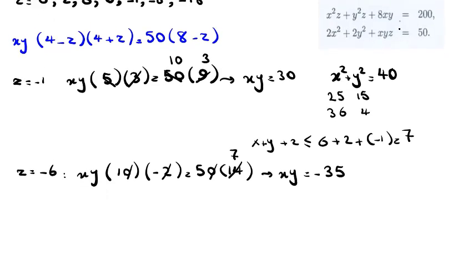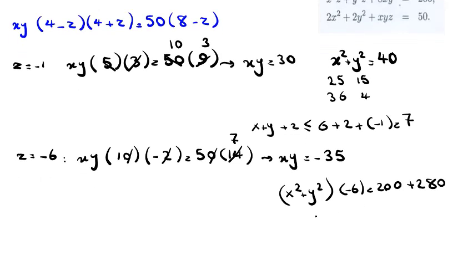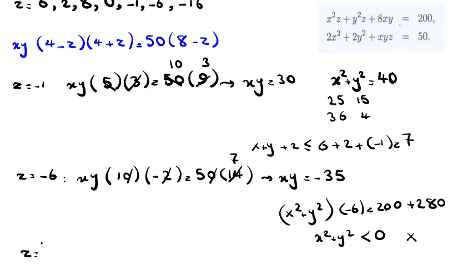And, okay, so if we replace here, x squared plus y squared times negative 6 will be 200. 8 times this, if we take it to the right side, it will be 280. 8 times 5, 40. We have 4. 8 times 3, 24 plus 4, 28. We take it to the right hand side, so we can say, okay, x squared plus y squared, if you divide it, will be less than 0. So that's a contradiction.